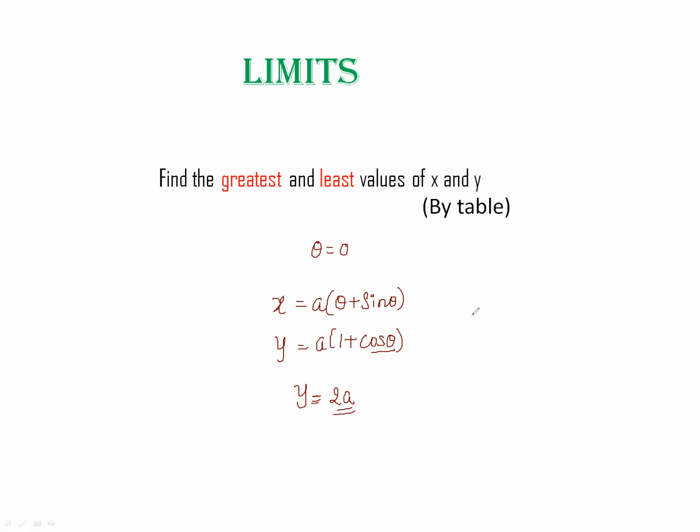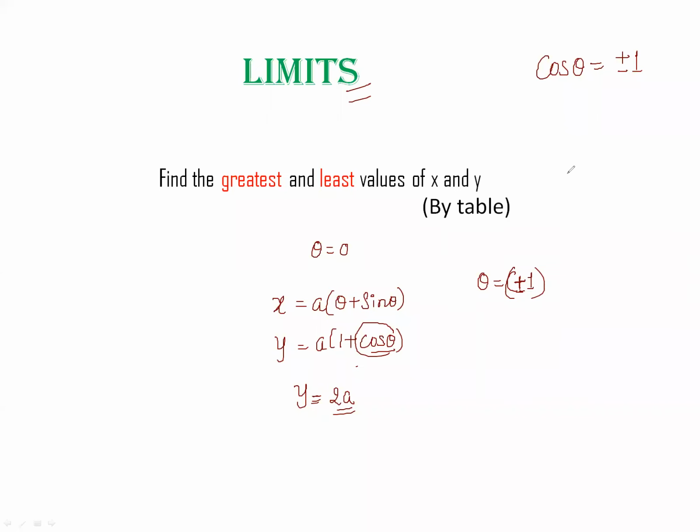Isn't it? Actually, we are keeping the values cos theta is equal to plus 1 and minus 1 in given equation. So look at that. Whenever finding out limits of given equation of curves in parametric form, just put cos theta is equal to plus 1 and minus 1.